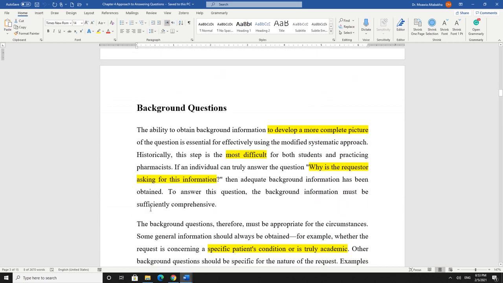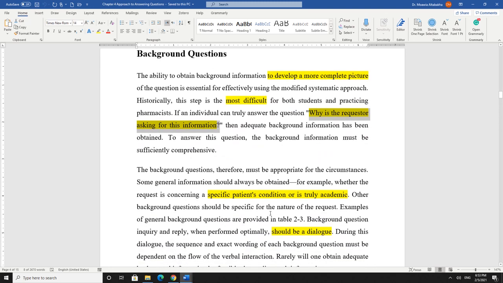As I said, the background question is very important and it's the most difficult to carry out. What you need to determine is why the requester is asking for this information. Why is he asking like this? If you can answer this question to yourself, then you have a good background and you'll be able to determine the ultimate question.